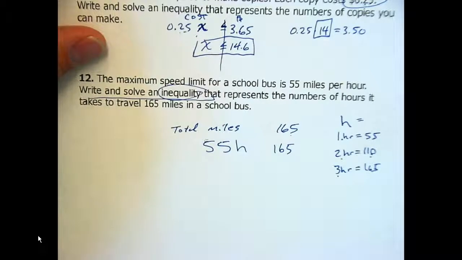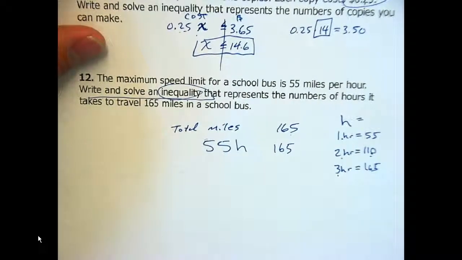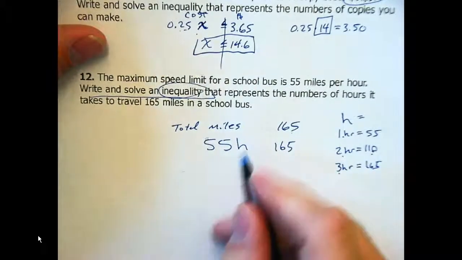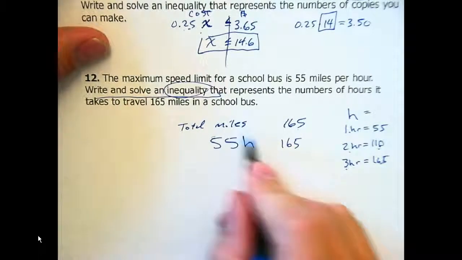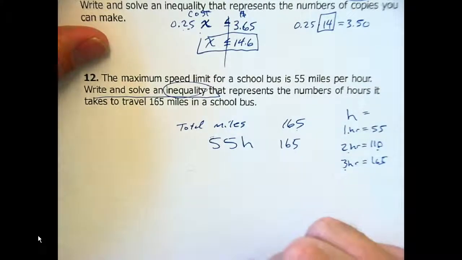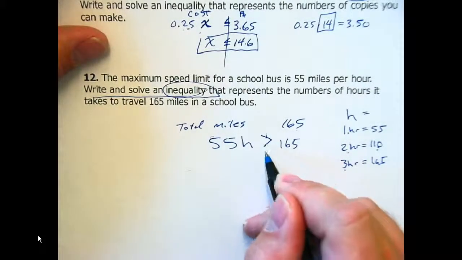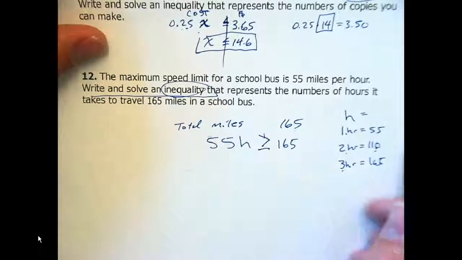It's like your PE teacher saying, hey, run 4 laps. You run 3, you're like, am I good? Like, no, dude, you got to run 4. 55h is less than or equal to 165. Okay, so do our total miles need to be greater than 165 or less than? They have to be greater than. Could they be equal to? Yeah. And we've already solved it.